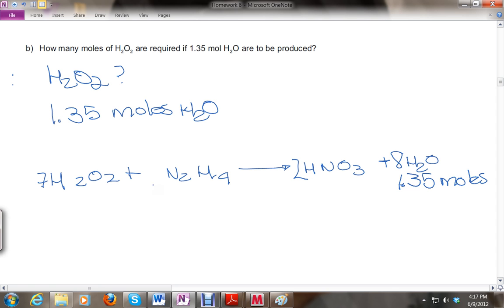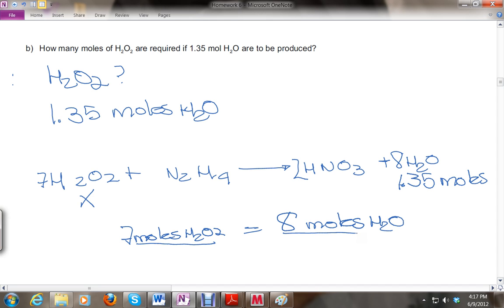So what are they asking for the hydrogen peroxide? 7 moles of hydrogen peroxide is going to produce 8 moles of water. How many moles of hydrogen peroxide would I need to produce 1.35 moles of water?